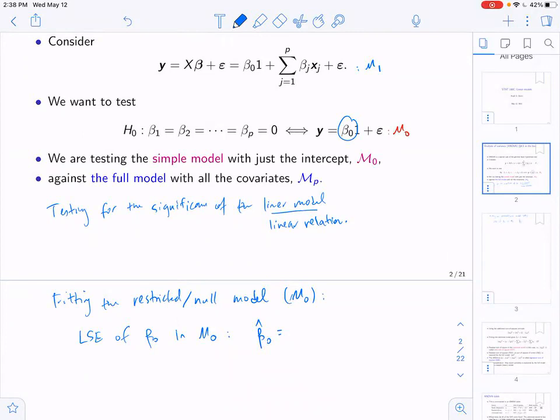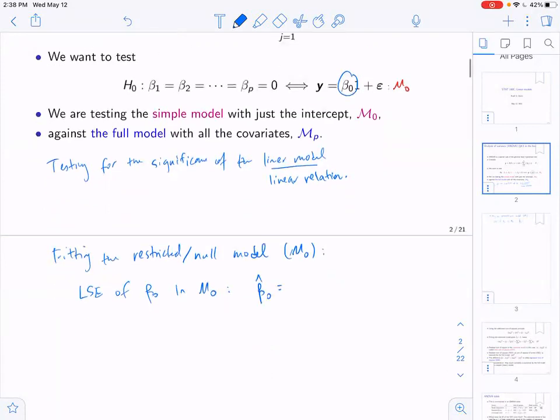Anyone? You just use the formula X transpose X inverse X transpose y, where X is the vector of ones. Great, yeah. So this is exactly the same formula. So let's call this y, 1n. So this is X transpose, where X here is this. So inverse, 1 transpose y.